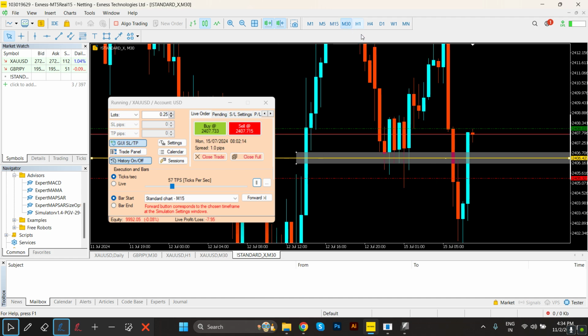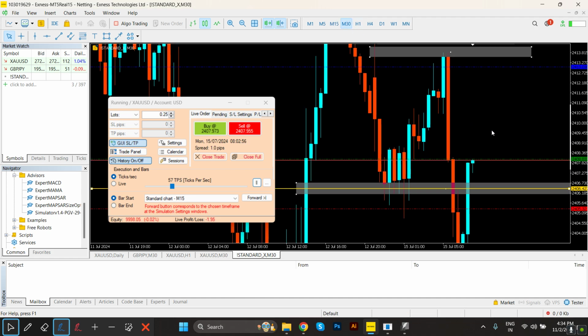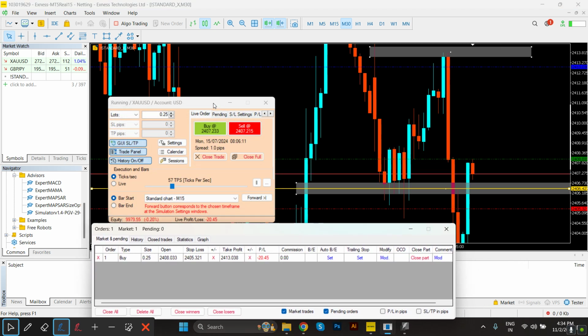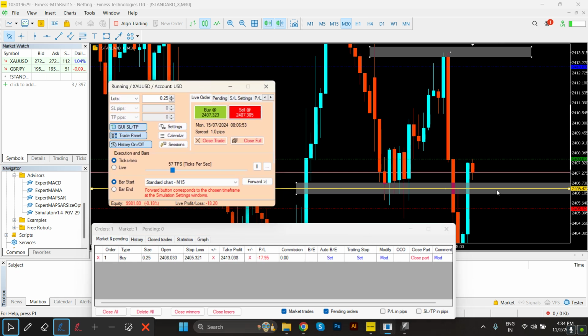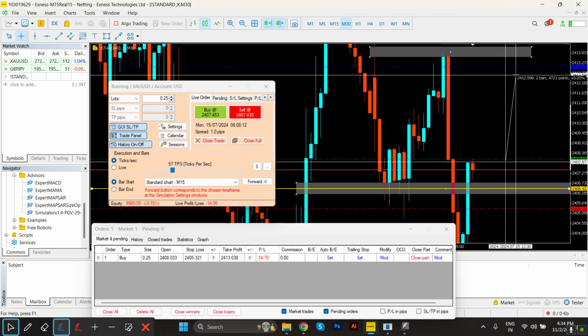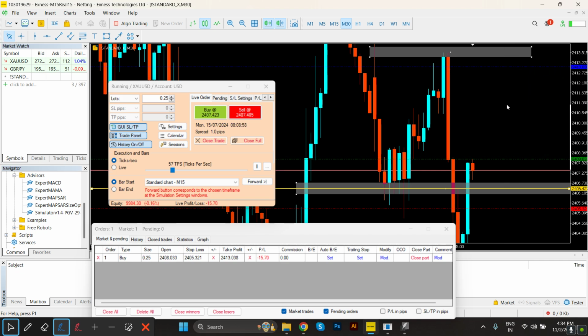I'm not looking for a big move anyways. Maybe 15-20 pips would be good, and if not, then we'll manage the risk. If it just breaks the high, we should have a clean move to the top.